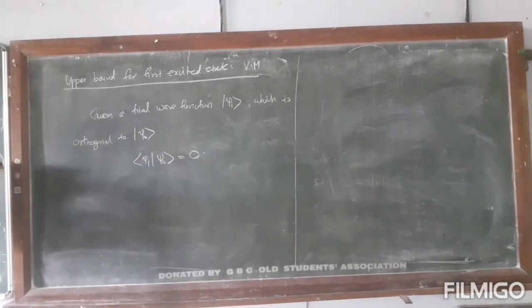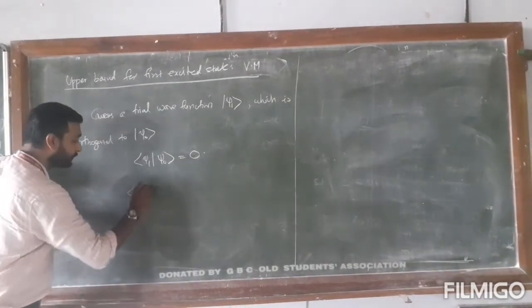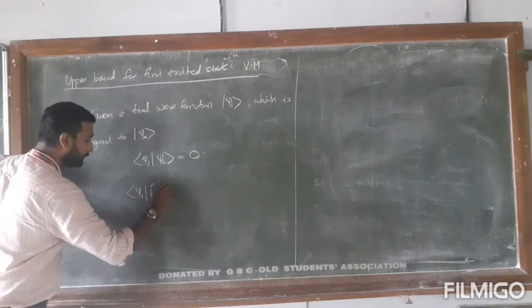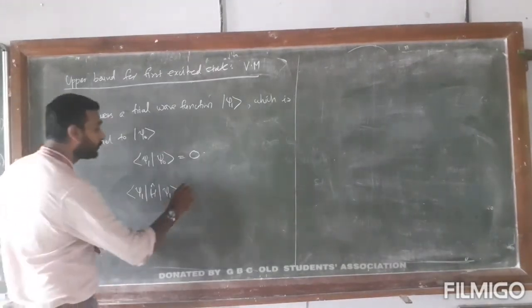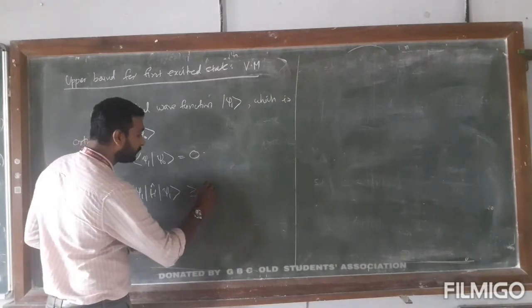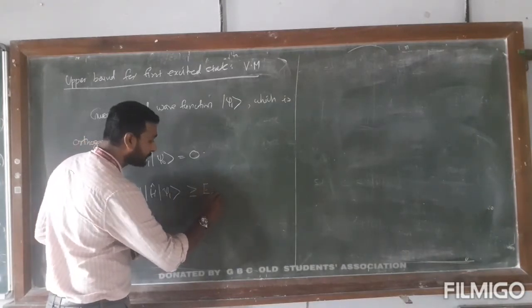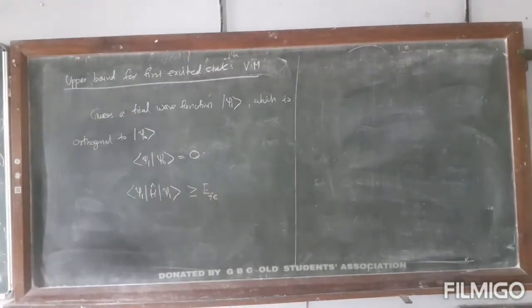Okay, so then what will be the expectation value of the Hamiltonian in psi 1? That would obviously be greater than or equal to the energy of the first excited state. Okay, so that is the idea.